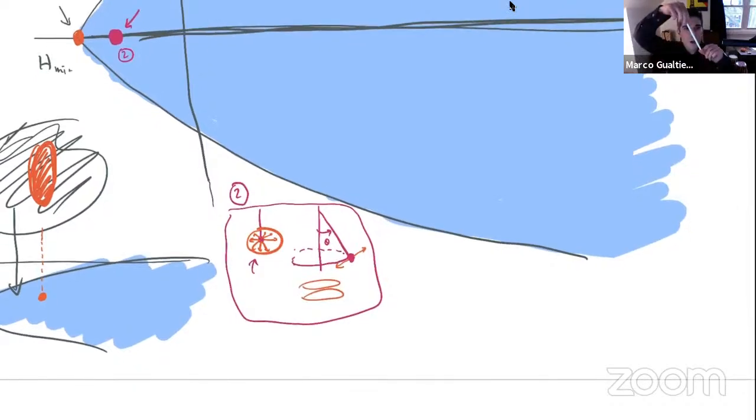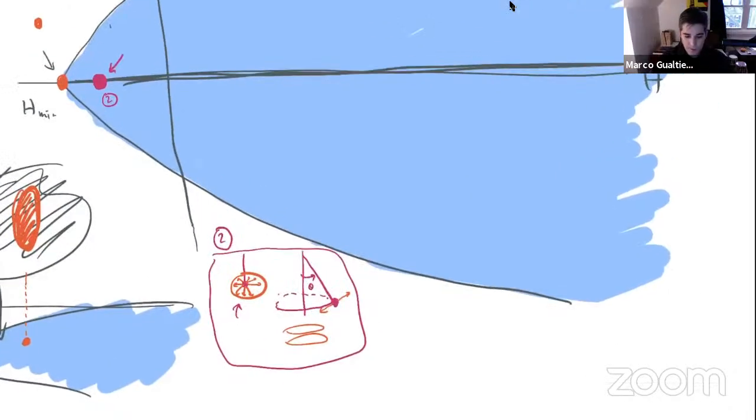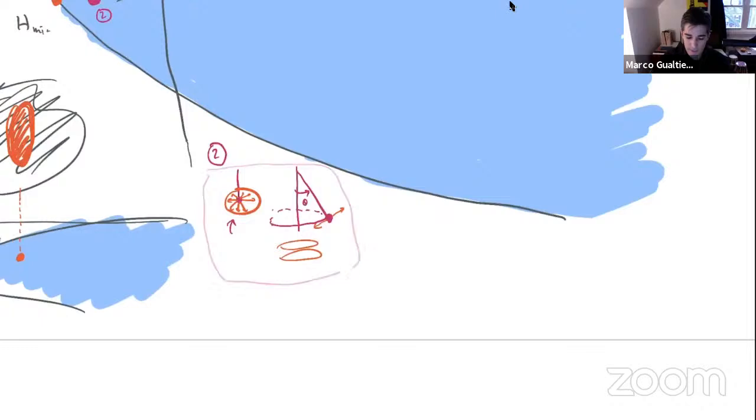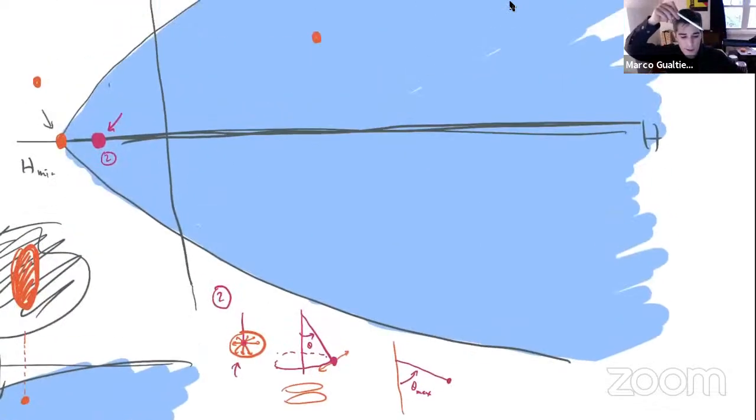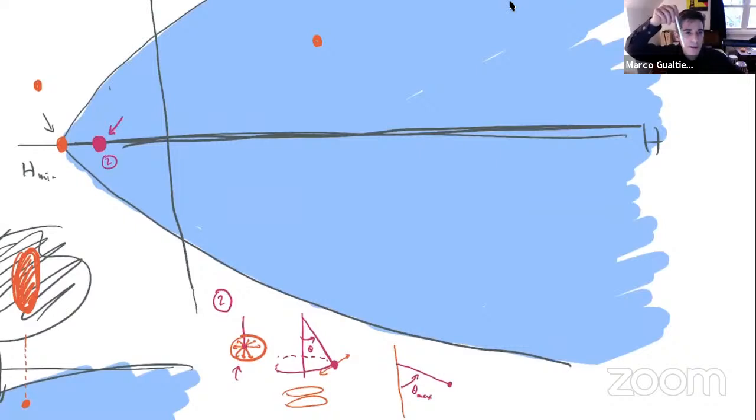And that is true for this fixed position of energy and momentum, right? I can increase this angle up to a certain point, theta max, and at that point it will have the maximum potential energy for this amount of energy, the energy of the red dot that I'm fixing.